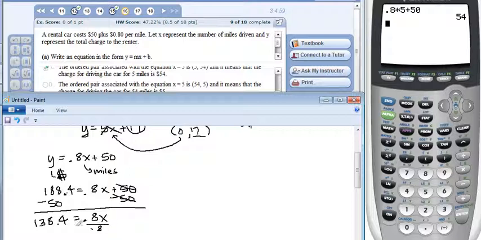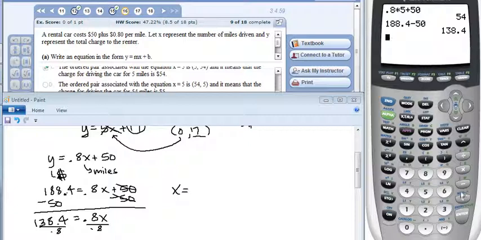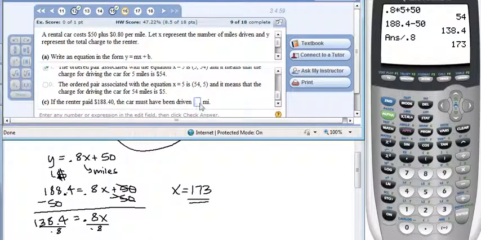Okay, so I'm going to just do 188.4 minus 50. So 138.4 divided by the 0.8. So I drove 173 miles. Okay. Let's check it.